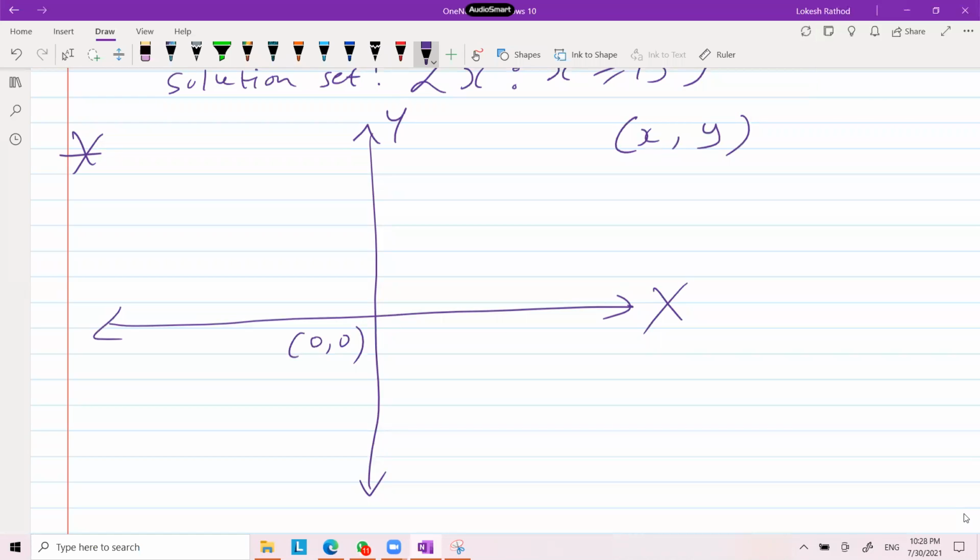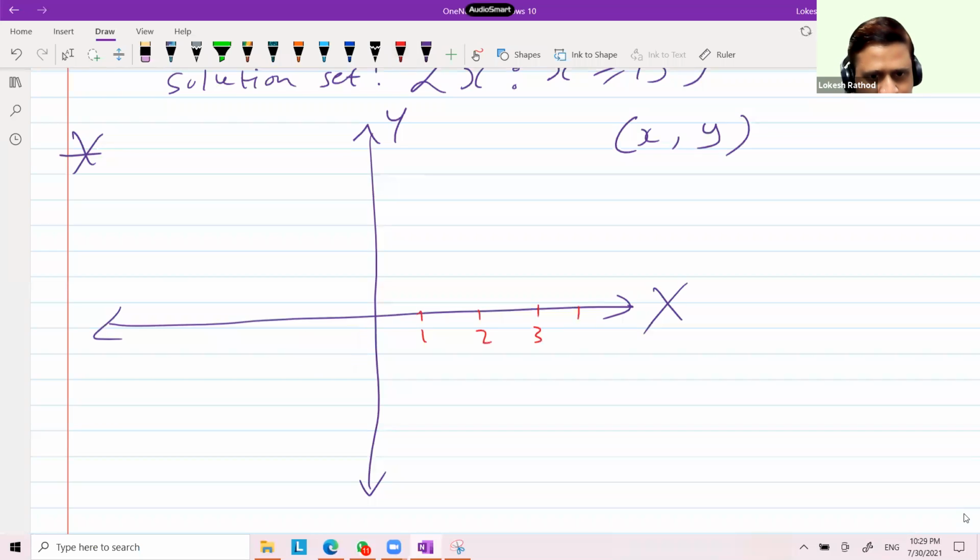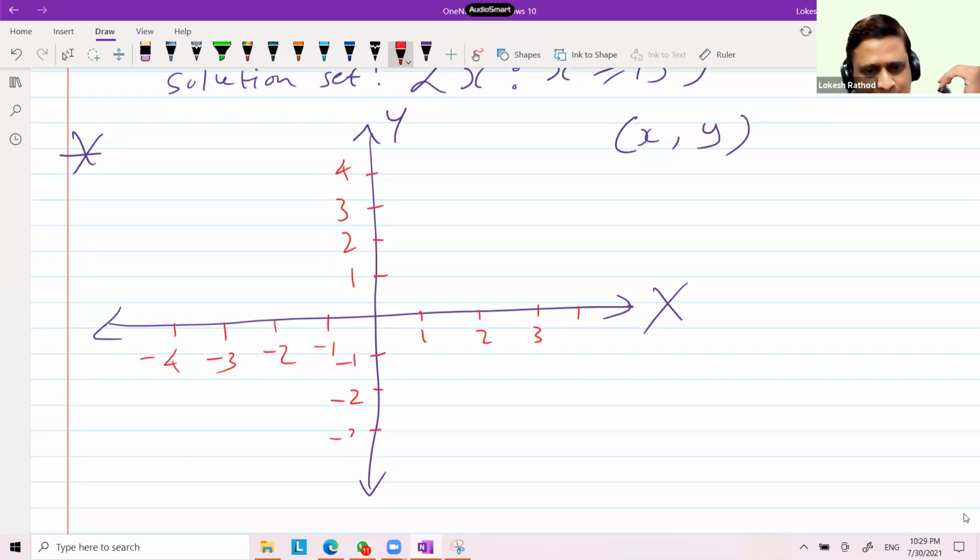So suppose on the x-axis, what are the points? From the origin, here I have 1, 2, 3, and so on. This side also, I have negative numbers -1, -2, -3, -4, and so on. And on the y-axis, I have positive numbers 1, 2, 3, 4, and so on. And below the x-axis, I have negative numbers, right? -1, -2, -3, -4, and so on. Right here, it is 0.